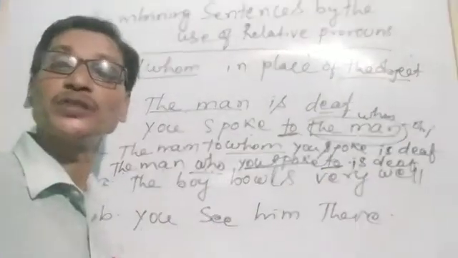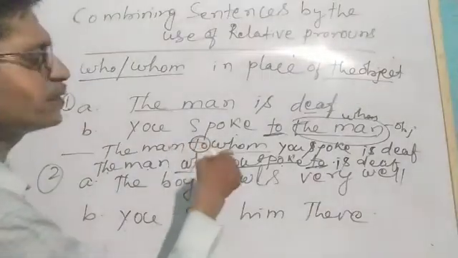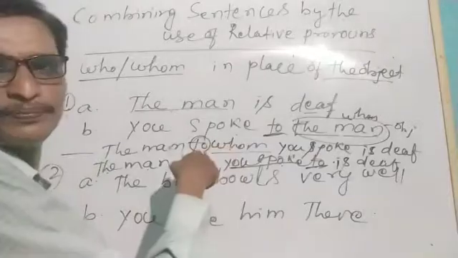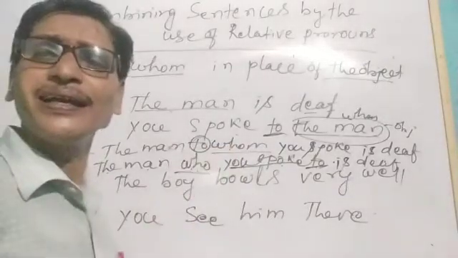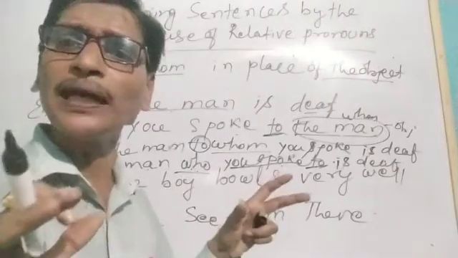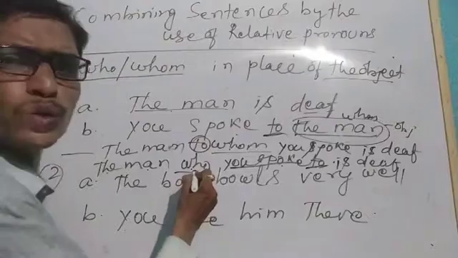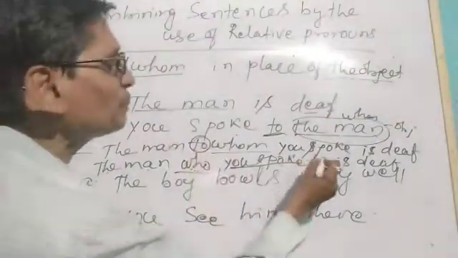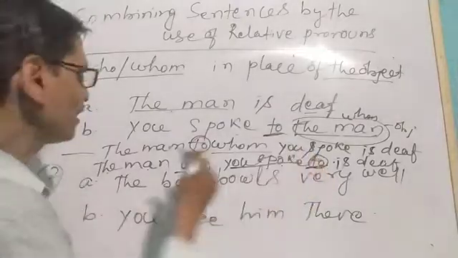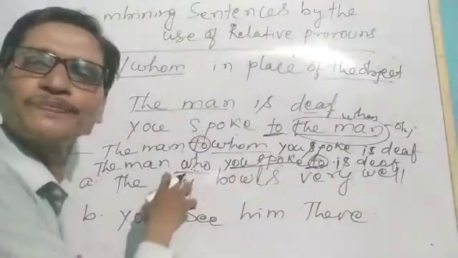Don't be confused. If the preposition is used before this object, we can use to whom. But in spoken, informal English, for normal conversation, we need to use who, and the preposition should be taken after, not before the relative pronoun.